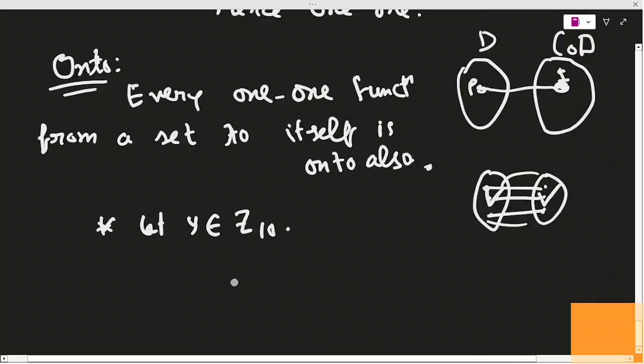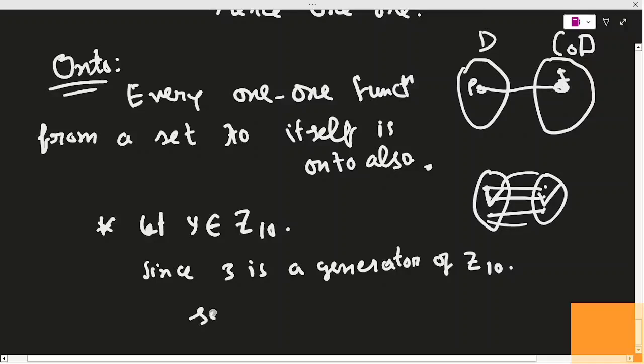Let y belongs to Z10, since 3 is a generator of Z10, so y is equal thrice n होगा, for n belongs to Z होगा, right?